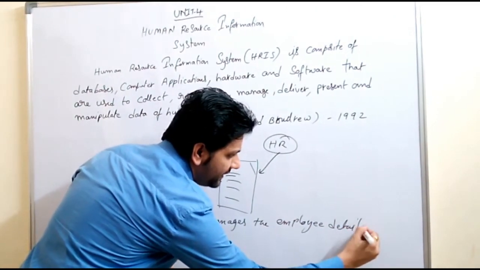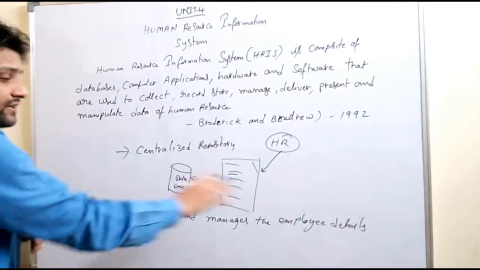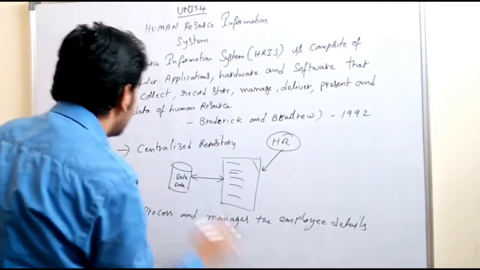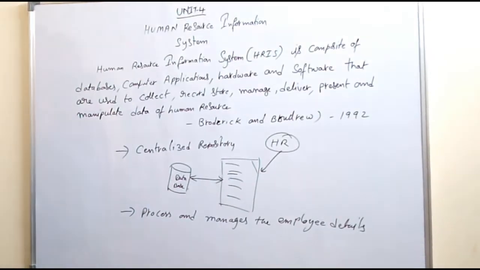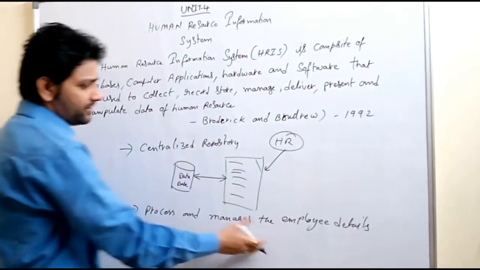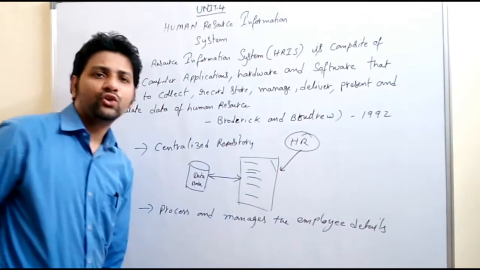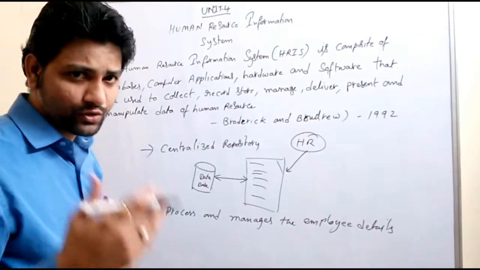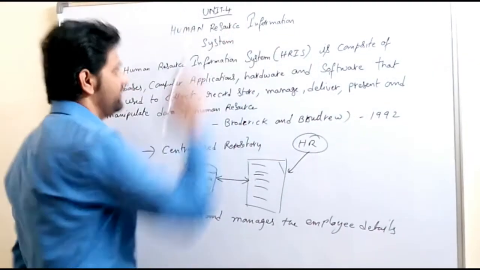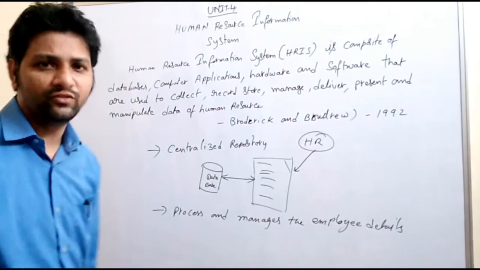Any kind of details regarding an employee of a particular organization can be developed, managed and manipulated by the human resource manager through HRIS, that is, the human resource information system.